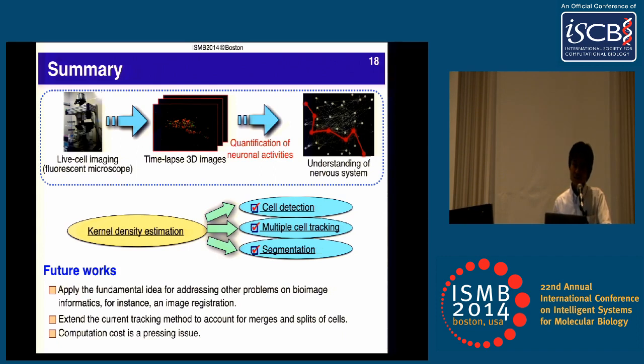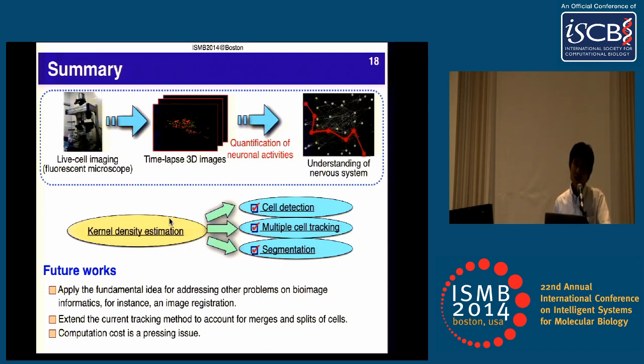The main contribution of this work is to provide a unified framework for addressing cell detection and multiple cell tracking and segmentation based on the kernel density estimation. The fundamental idea of this work is to use optimization techniques designed for a continuous function for processing this kind of live cell imaging data.